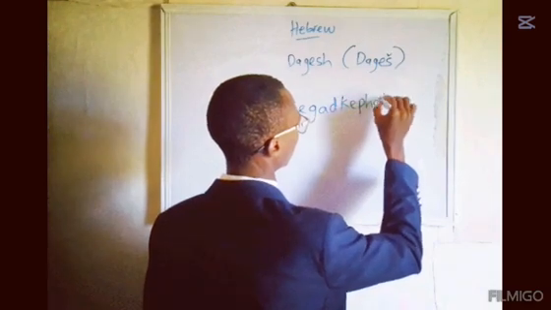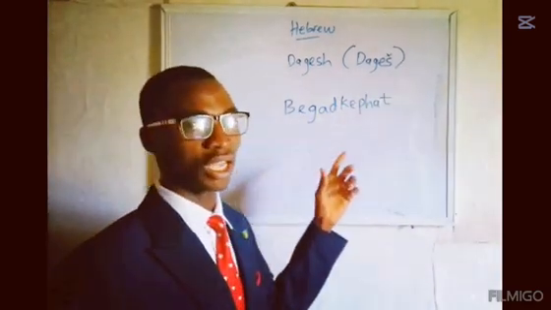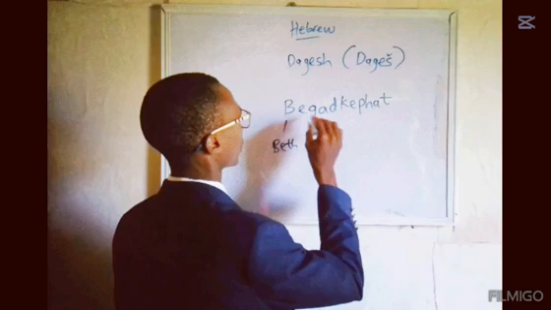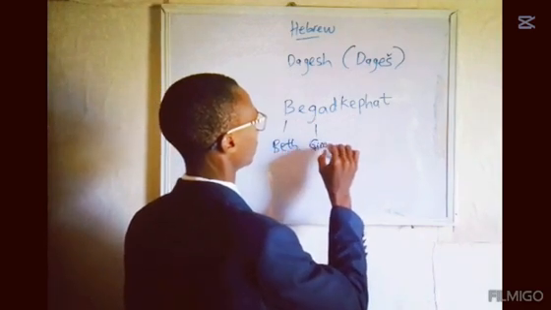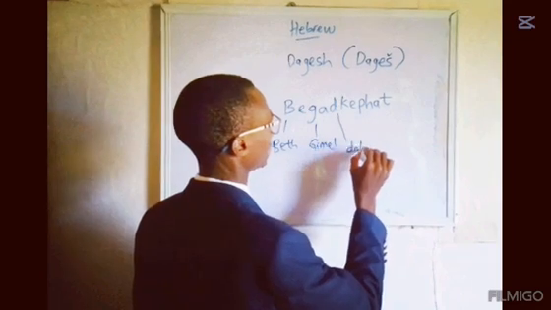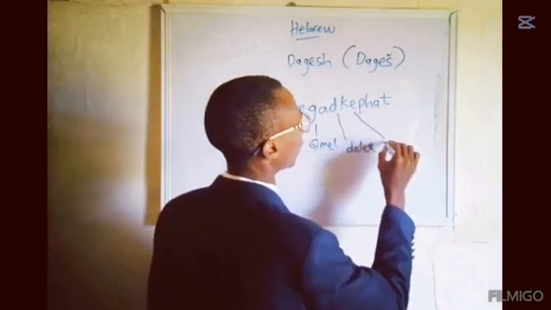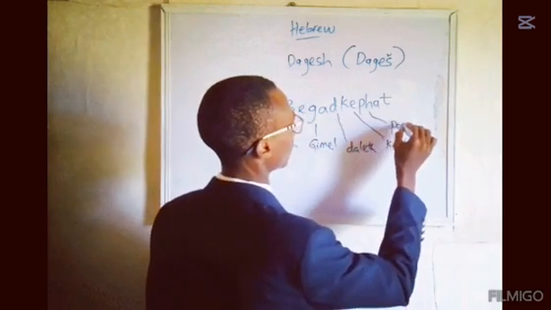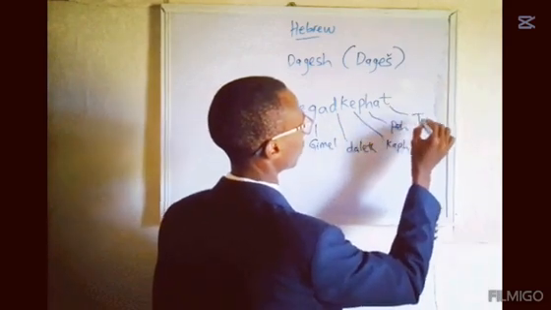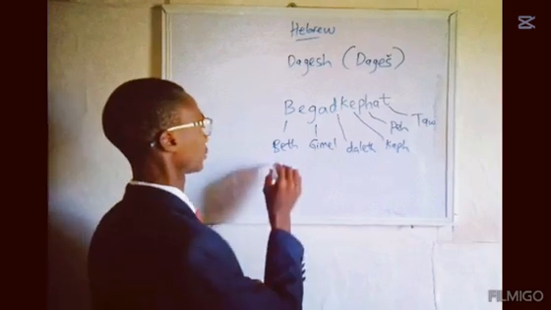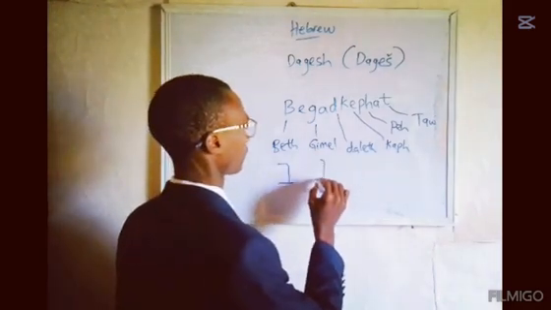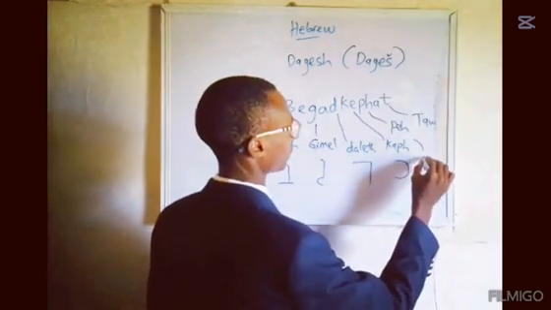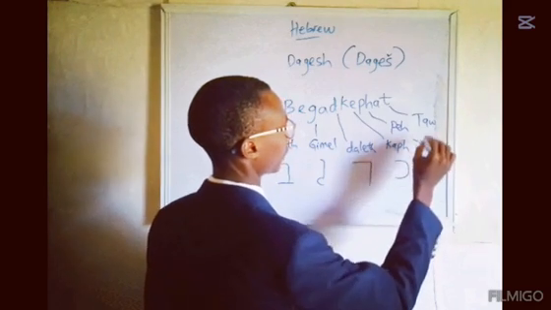Written this way and this way. So these are the Begadkefat letters. And what are they? We have Beit, we have Gimel, we have Dalet, we have Kaf, we have Pe, and we have Tav.